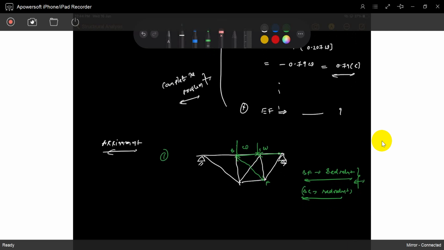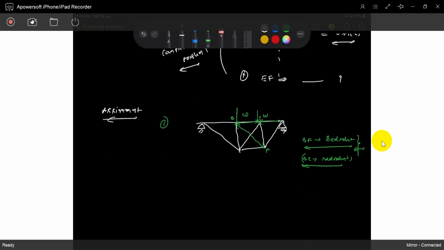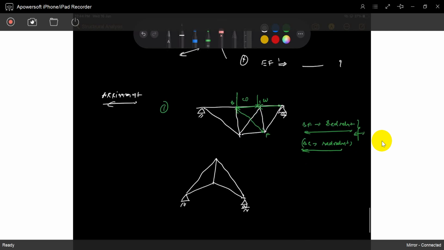The second assignment is another problem. This is a truss.